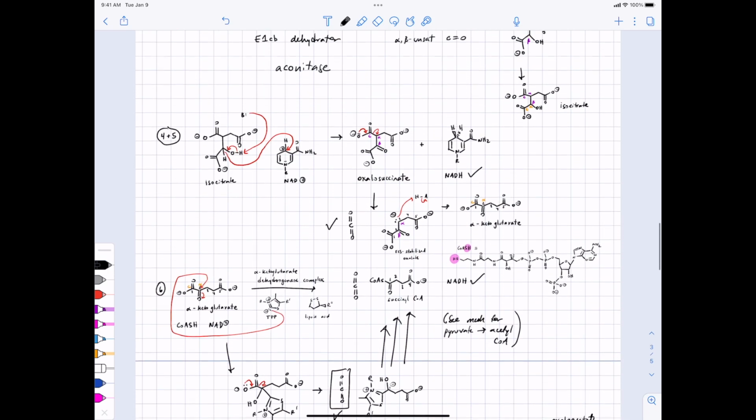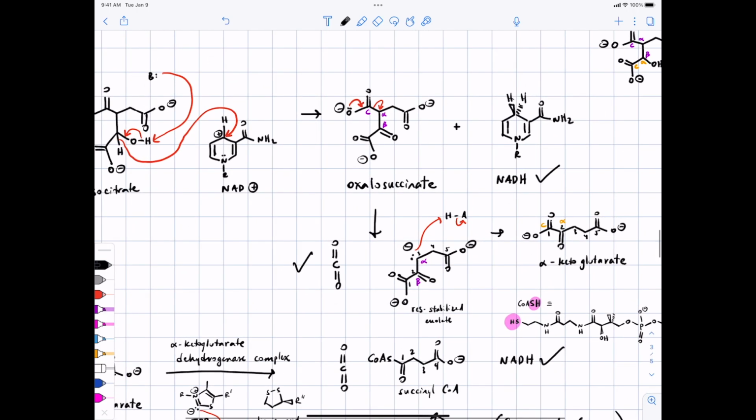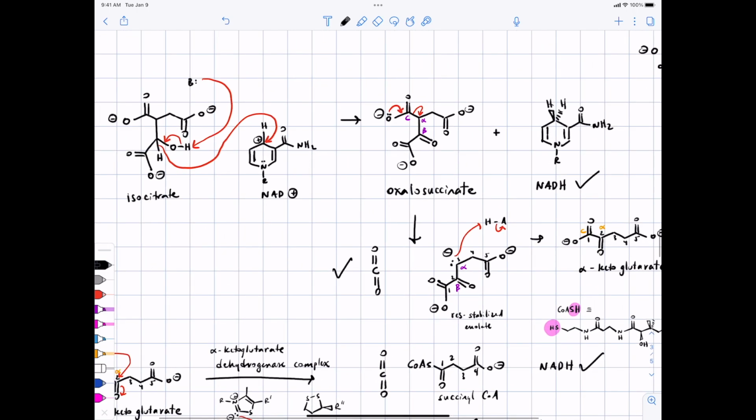I believe that was, I didn't write it down. You have to go look that up on your own. It's called, actually, you could guess. Isocitrate blank. What do you think it is? Dehydrogenase.